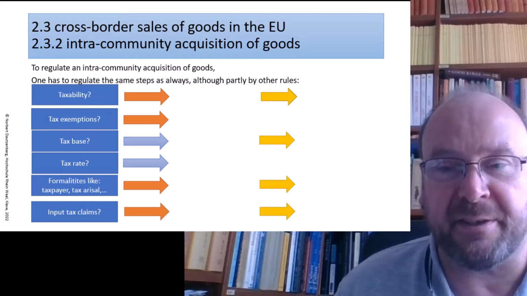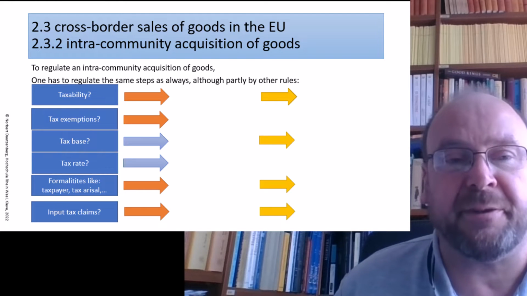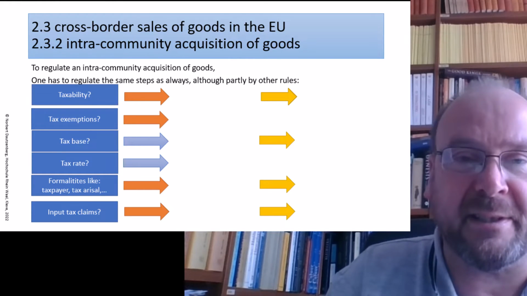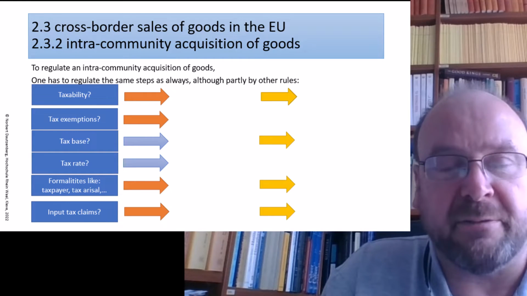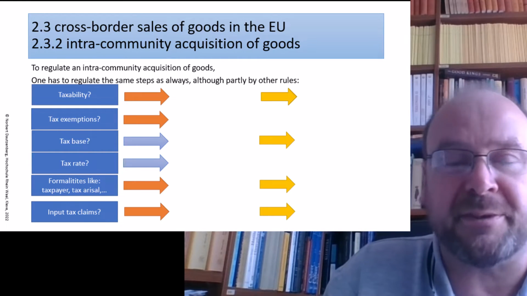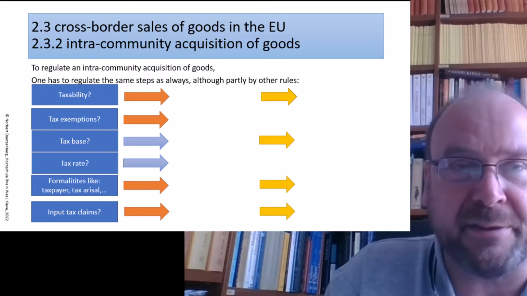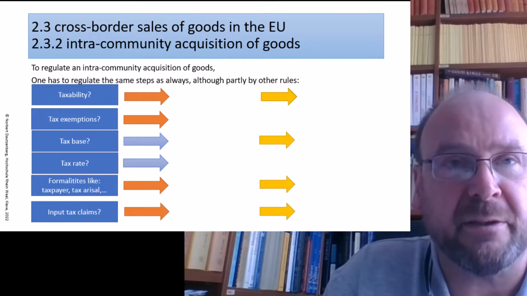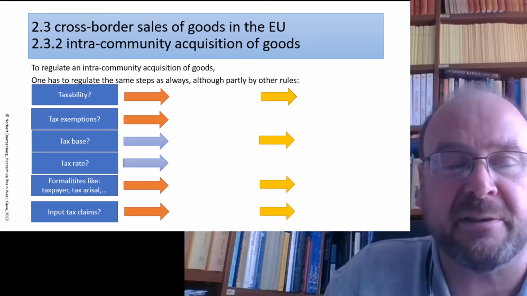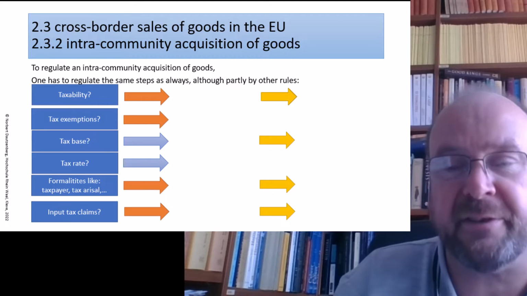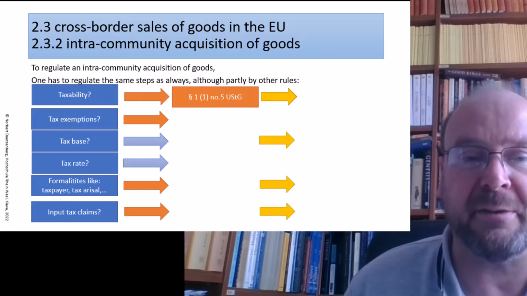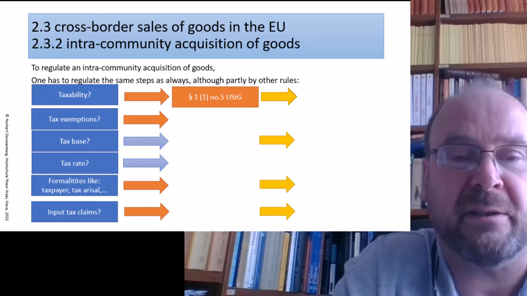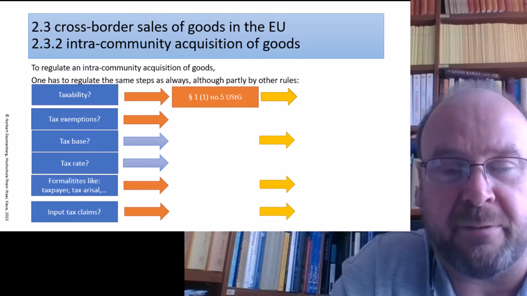Now let's begin at the beginning. The first thing which we need is a principle which says, apart from deliveries made by an entrepreneur or services made by an entrepreneur, also acquiring a good from another member state can trigger taxation. For this we need another number, so that would be number 5 of the USDG.